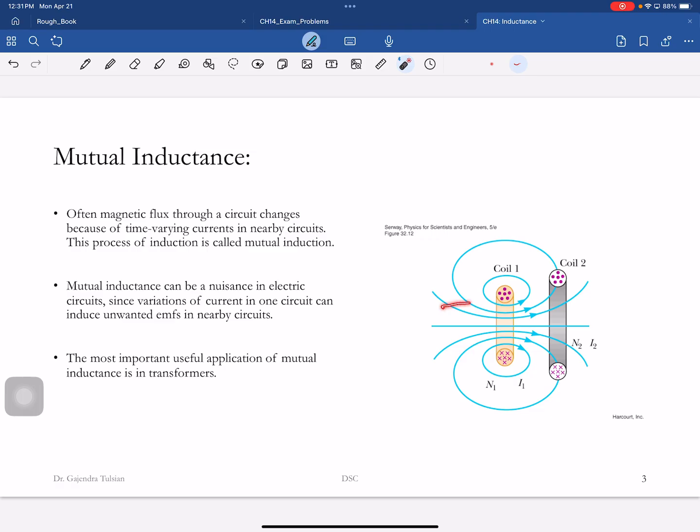Now, if you vary this current with respect to time, so let's say you hook up an AC current to this thing, this magnetic field will change, which will induce a current in this coil. Okay, so this is how those inductive stove ranges work.